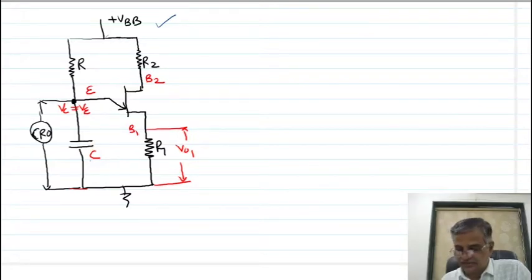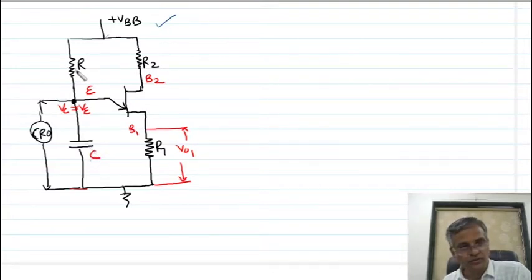Capacitor C is charged through resistor R. Remember, if R is large, then the capacitor takes a large time to get fully charged. More time is required to get fully charged through resistor R when R is large. When R is small, then the capacitor charges very fast.